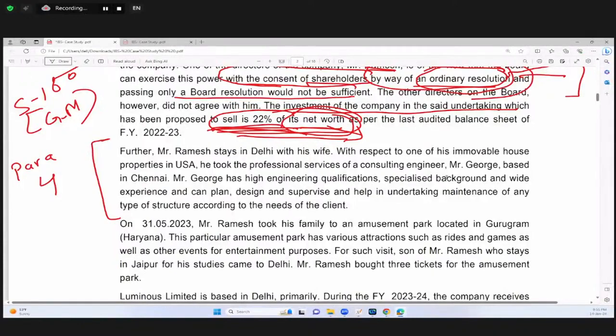George. Who is the recipient of service? Mr. Ramesh. Ramesh is staying in Delhi and George is staying in Chennai. So both are in India. If the location of the supplier and the recipient are both in India, then section 12 of the IGST Act is applicable.